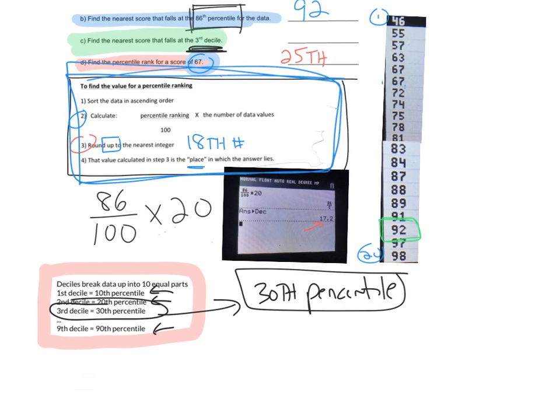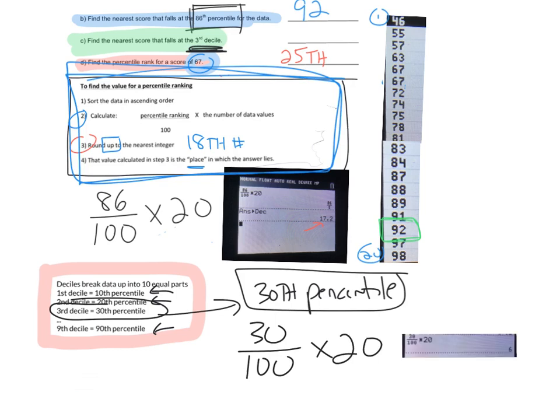So we're going to take the percentile ranking, which is 30 over 100, multiply it by the number of numbers, which is 20. And here, when you do that on your calculator, you get 6. It says round up to the nearest integer, but 6 is the nearest integer.